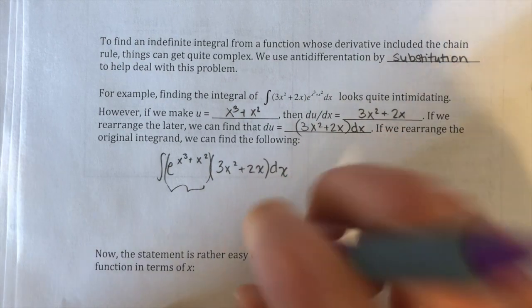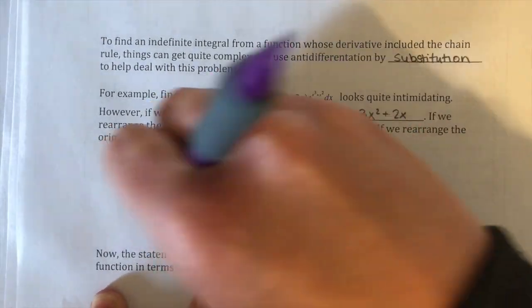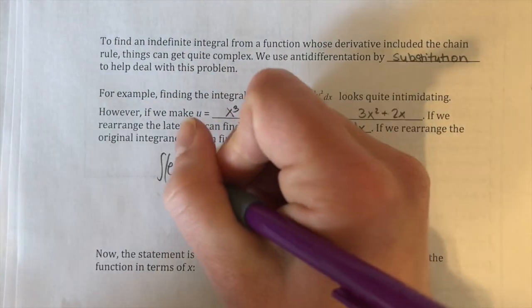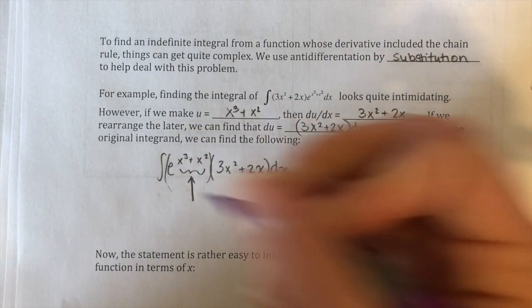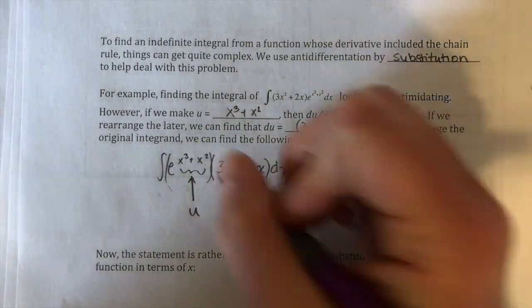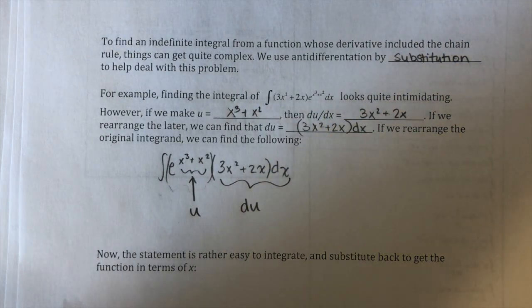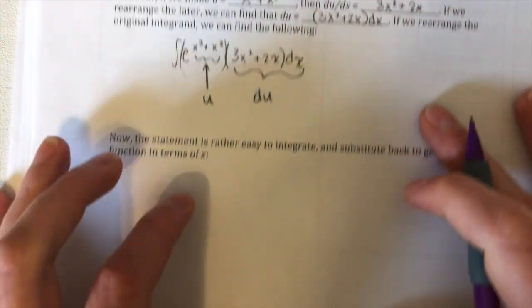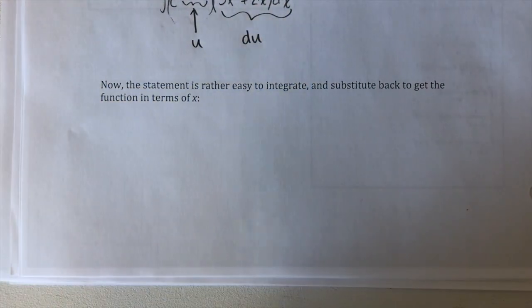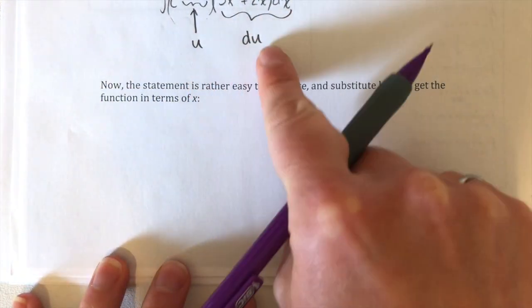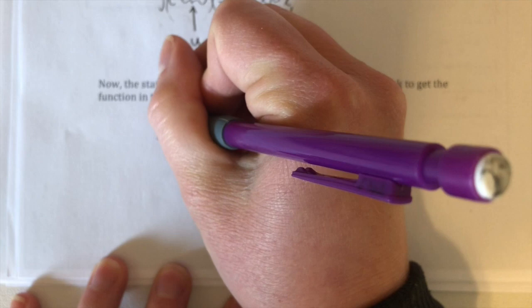Notice how this whole thing up there, that's what we decided u was. And see how that whole thing is now du. So now the statement is rather easy to integrate, because if we substitute in u and du, we just have e to the u du.